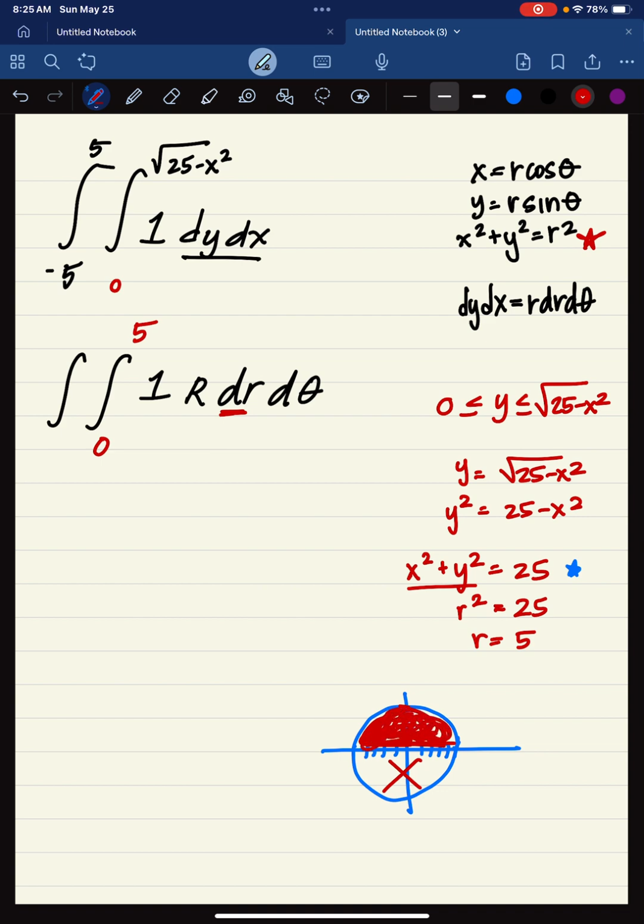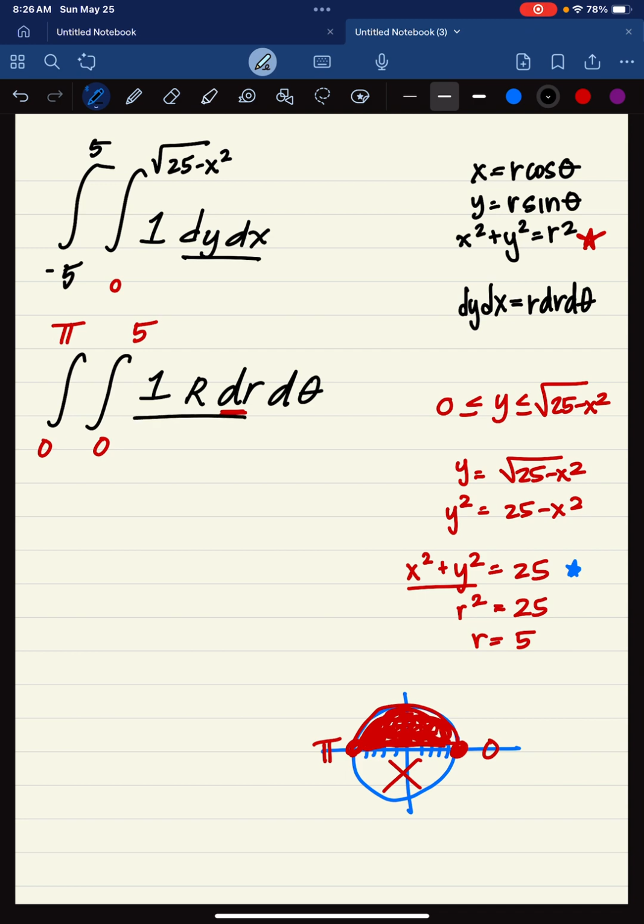Now let's talk about theta for a second. Here's 0, and then the graph is going to stop right here because it can't go below the value. So theta is going to go from 0 to pi because it told me that y was positive, so y is not going to be down there.